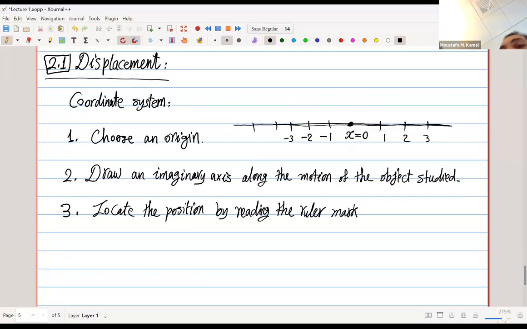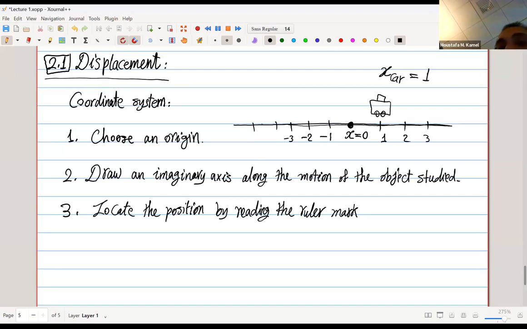So if I say, for example, I have a car here, I already defined my origin of coordinate to be here at x equals 0. So I can say a meaningful statement that the position of the car is 1. This is with reference to this coordinate system. It would mean the car is 1 meter to the right of this point. This point could be, for example, a traffic light. I specified the traffic light, and then the car is 1 meter to the right of the traffic light.